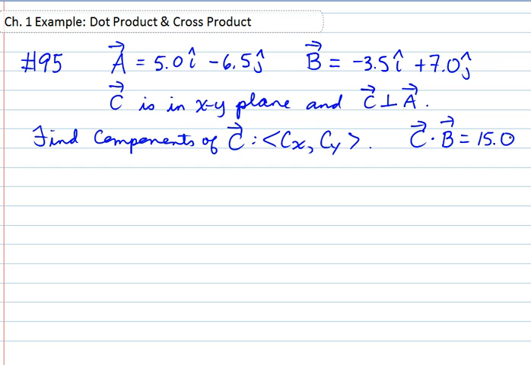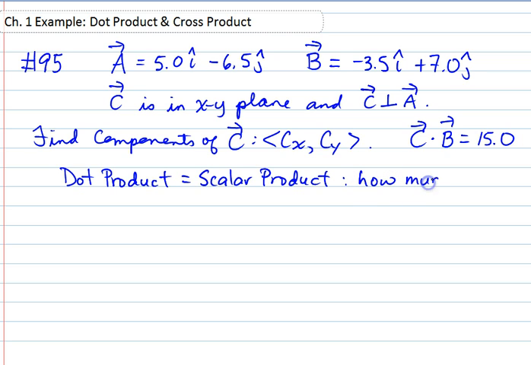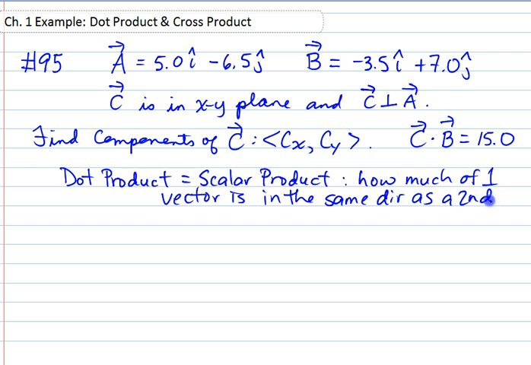Now, first a little bit of review of what the dot product actually is. The dot product is what we call the scalar product. Basically, it tells you how much of one vector is in the same direction as a second vector.